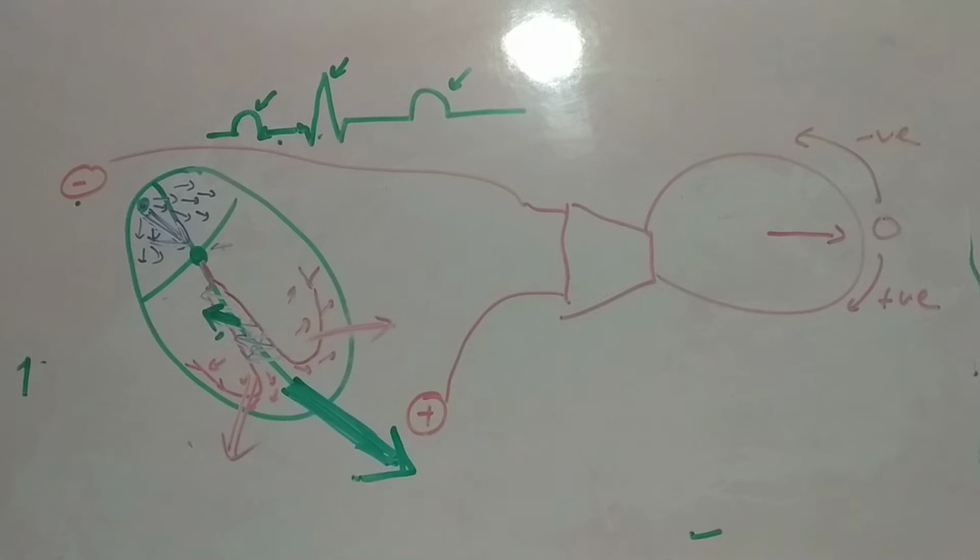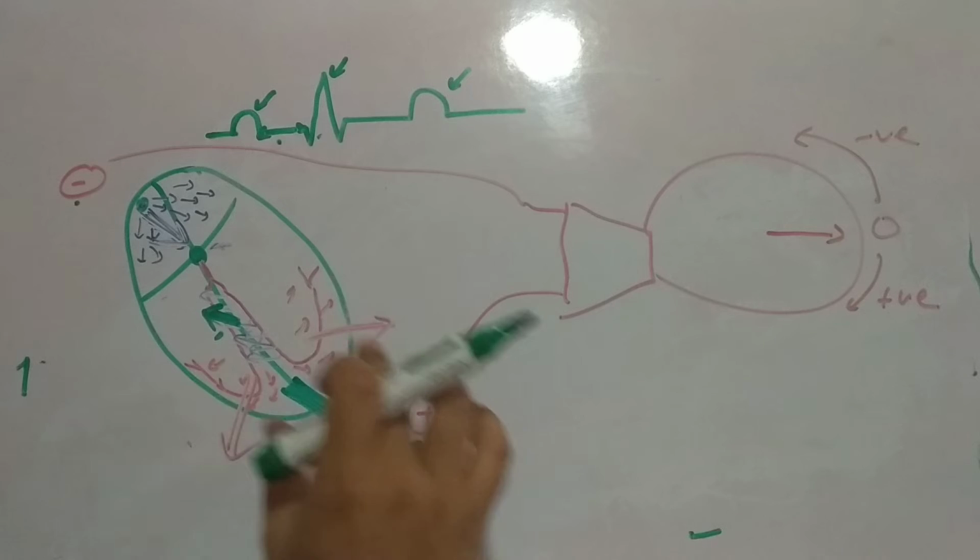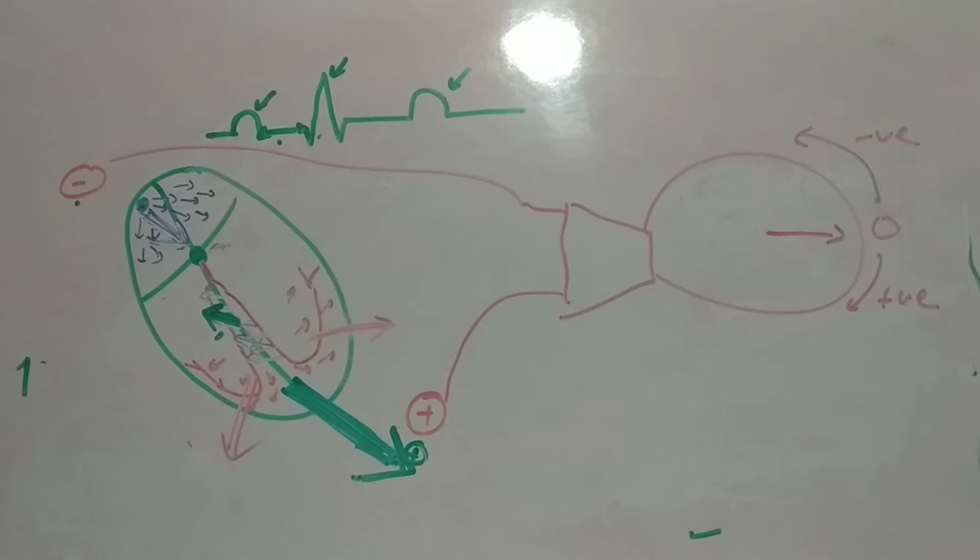And you see here the positive vector is moving towards the positive electrode. So you can see here the R wave is the resultant ventricular depolarization. So till now it's clear, I hope. So you have understood the R wave.